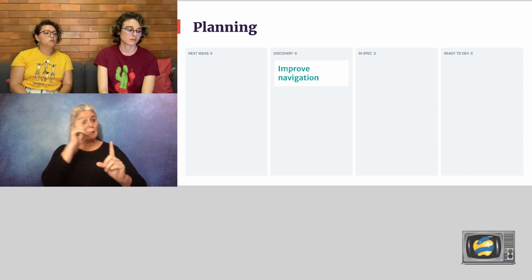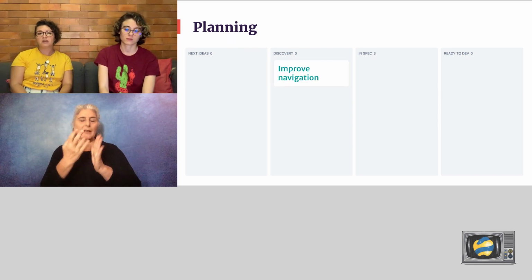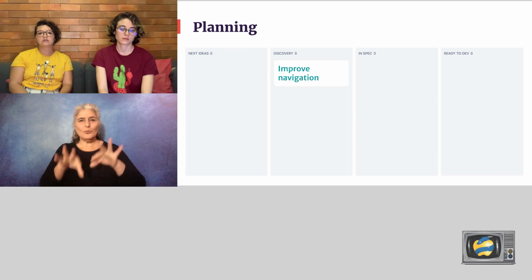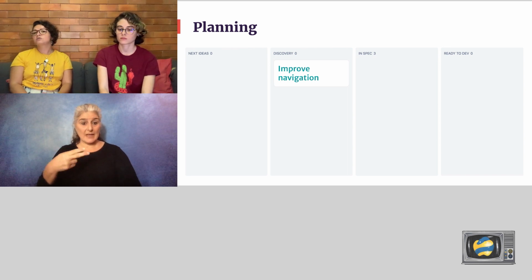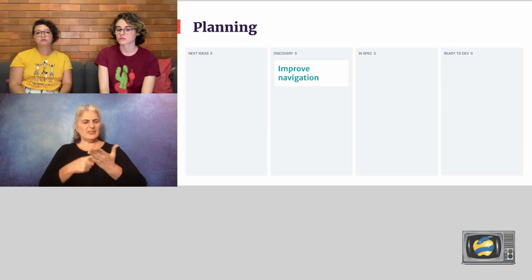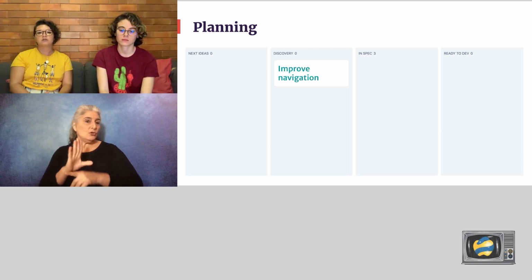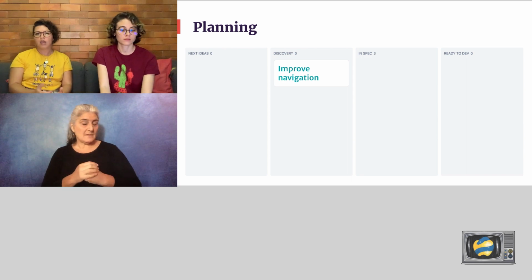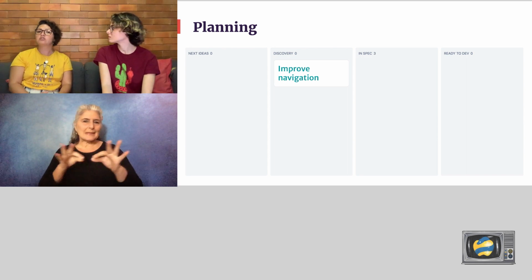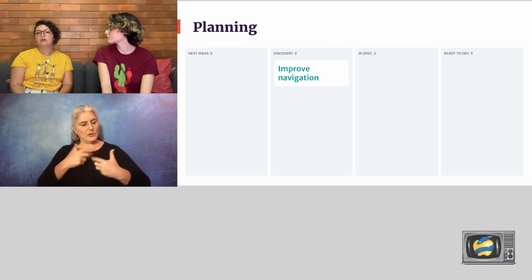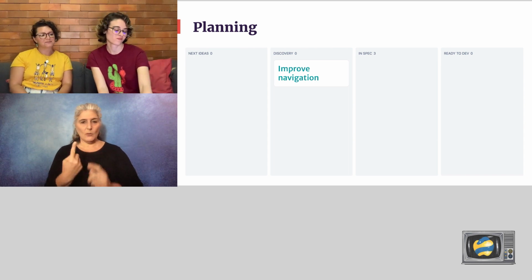This idea would go to the discovery phase, where we would discuss the goals, what we wanted to achieve with that, what would be interesting for the user. So the basic definitions of what we wanted after all with that.